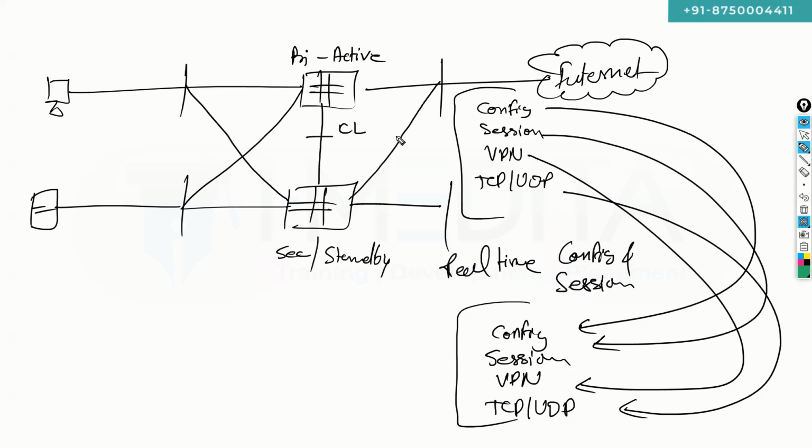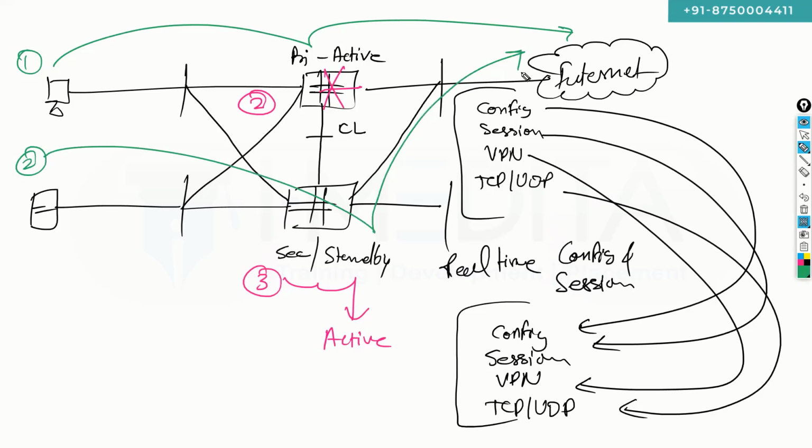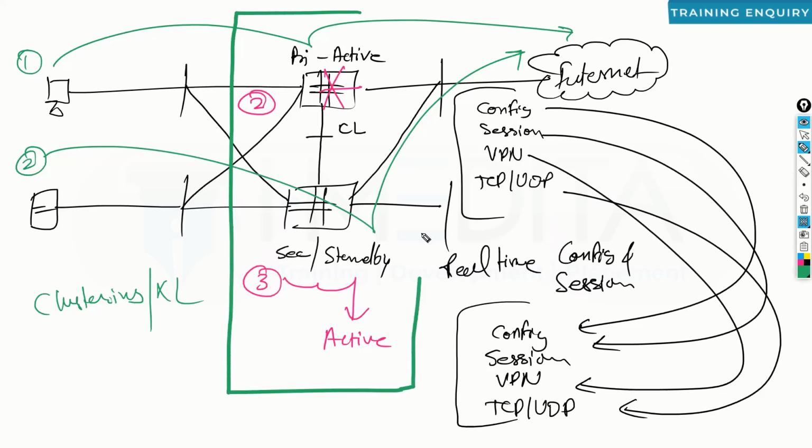First of all, what will happen? The traffic will go from the primary firewall to the internet. If your primary firewall goes down, then the secondary standby firewall will become active, and the traffic will go via the new active firewall. So with the help of clustering, or ClusterXL, we group multiple Checkpoint firewalls as a single firewall.